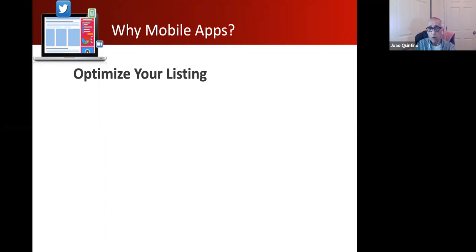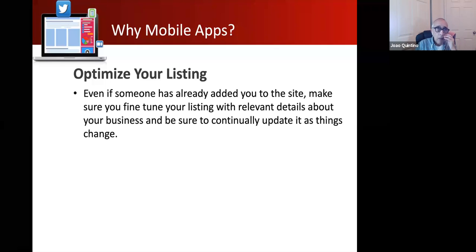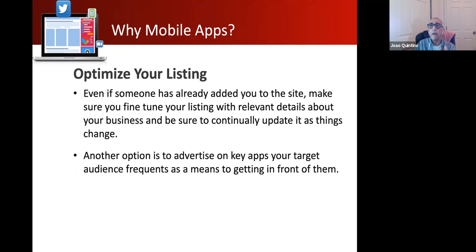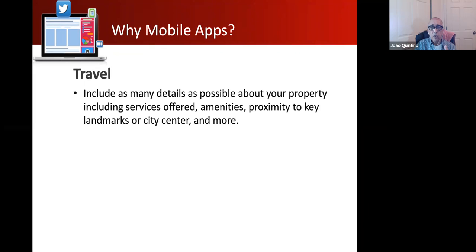This is what we call local listing. Sometimes you get listed without knowing, so you have to go there and optimize your listing, putting more information like contact information, hours you are open, and so on. It's all good stuff for you if you are local.